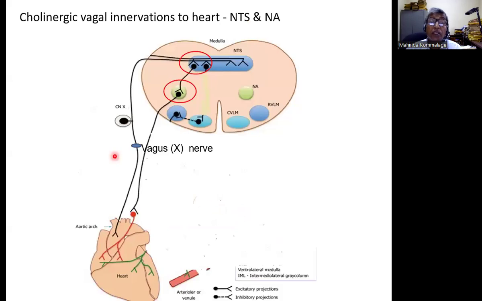Yeah, this one. So when the baroreceptor is stimulated, as I explained earlier, this will go to this pathway and inhibit the RVLM. But for the cholinergic, that means the parasympathetic neuron, it originates from this place, from NTS, we call it nucleus ambiguous, the special nucleus of the vagus nerve, and that is stimulatory.